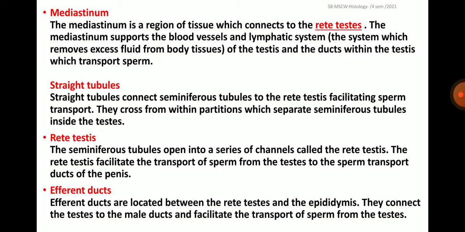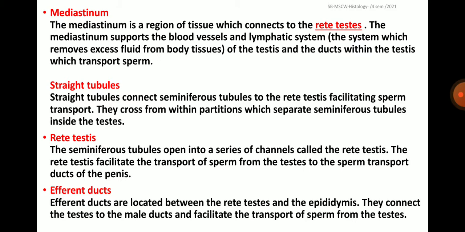This contains blood vessels and groups of interstitial cells, also known as Leydig cells or cells of Leydig. These are endocrine in function, producing testosterone hormone, which is required for the development of normal secondary sexual characters in males. The sperm are produced in the tubules by a process called spermatogenesis, which I just described.